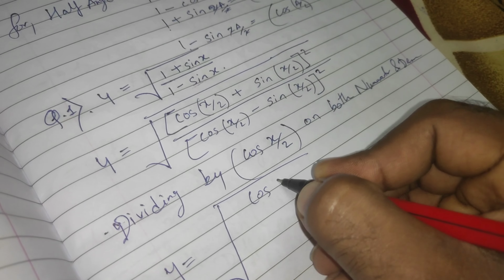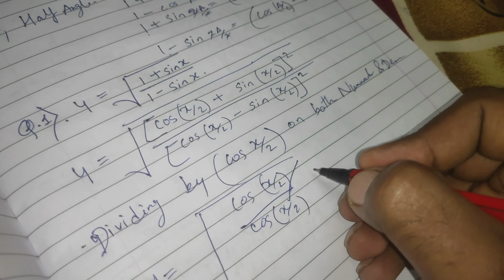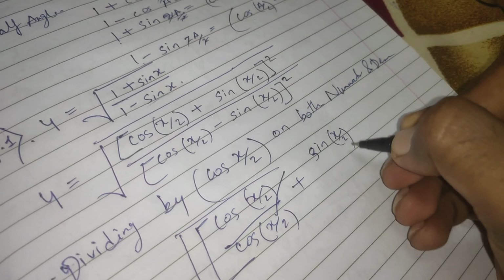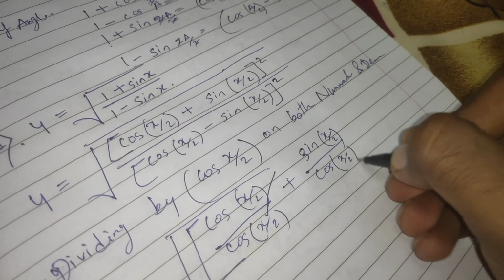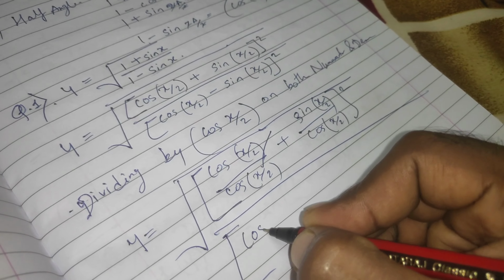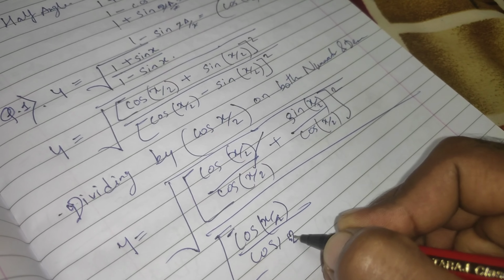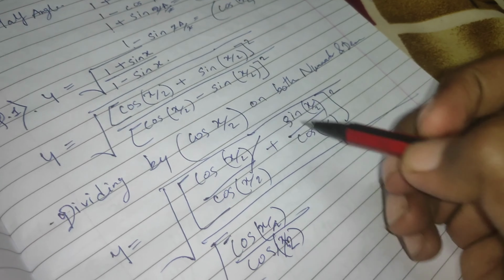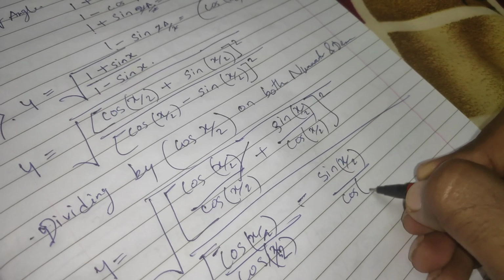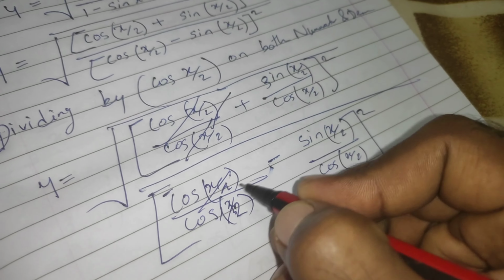So y equal to cos x by 2 divided by cos x by 2 plus, this bracket remains same, sin x by 2 divided by cos x by 2, square, upon, in the denominator also we are doing the same, cos x by 2 divided by cos x by 2 minus sin x by 2 divided by cos x by 2, bracket whole square.